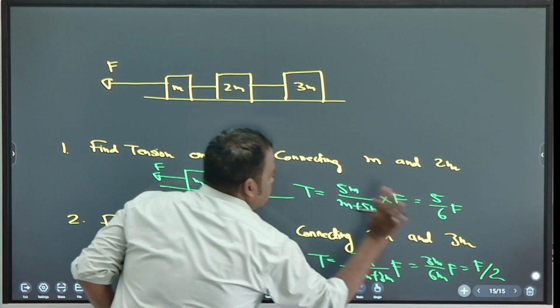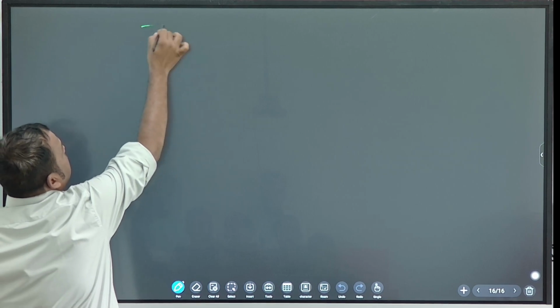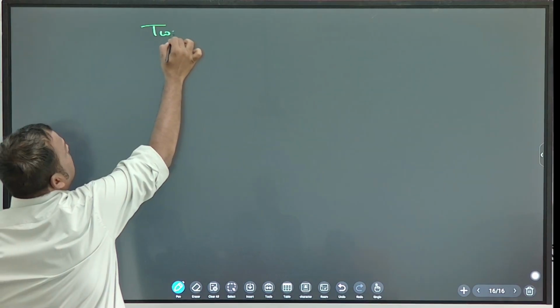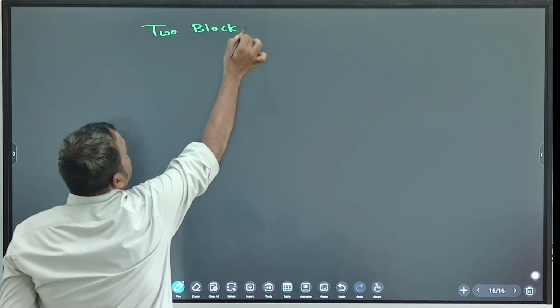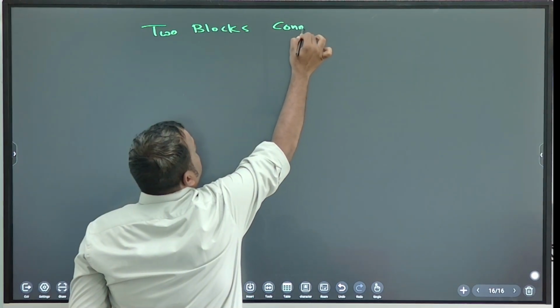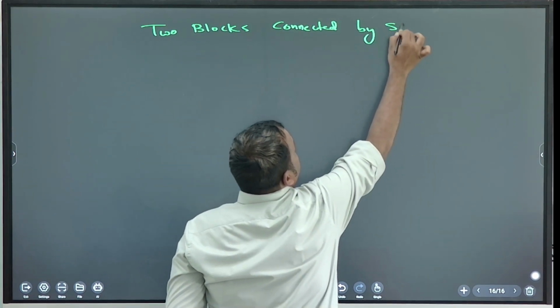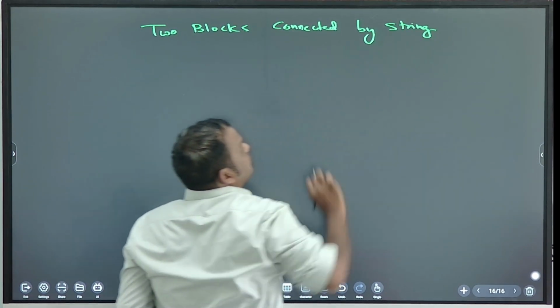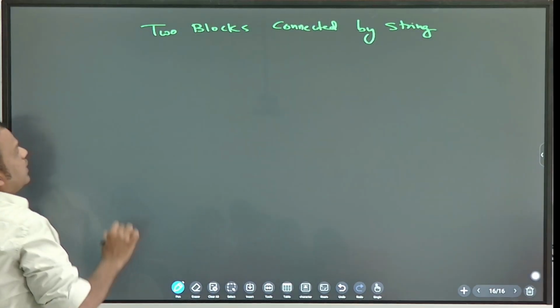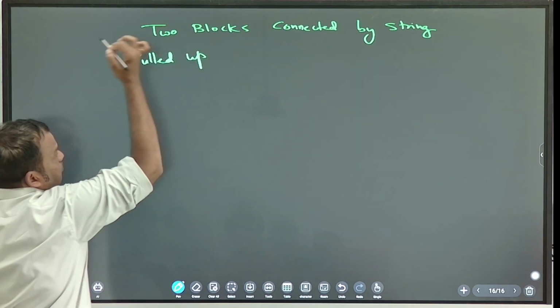So see, two blocks connected by a string. Note down. Two blocks connected by string pulled up. Pulled up.